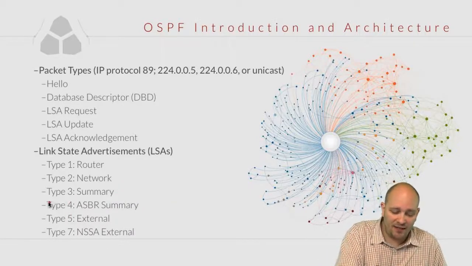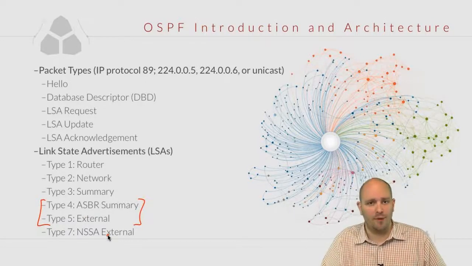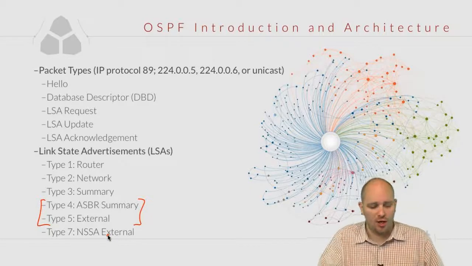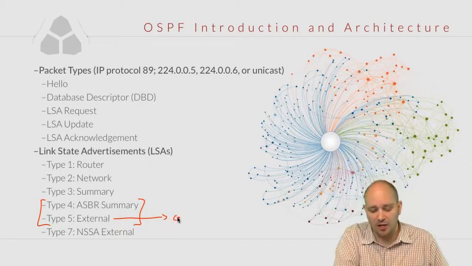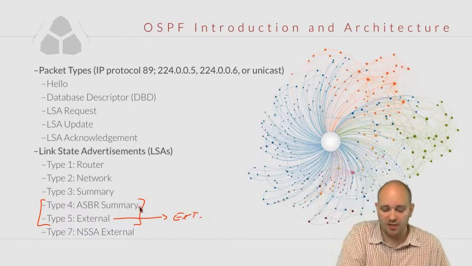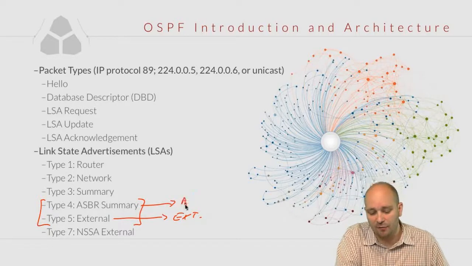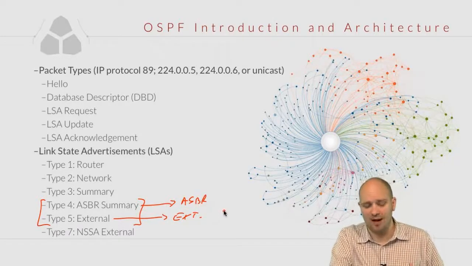Type 5 and Type 4 LSAs are used to carry the information about the external routes. The Type 5 LSAs have the information about the external routes that have been redistributed into OSPF, and Type 4 carries the information about the ASBRs that have redistributed these routes. I will explain this in greater detail later on.